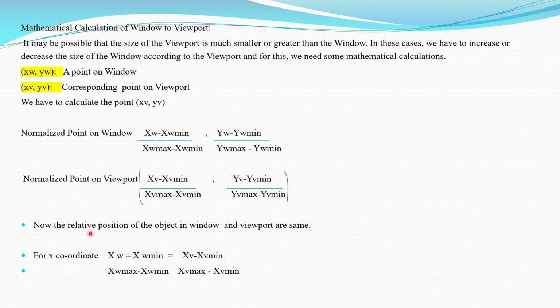Now the relative positions of the object in the window and viewport are the same. Then we get the x coordinate relation: xw minus xw min divided by xw max minus xw min equals xv minus xv min divided by xv max minus xv min.